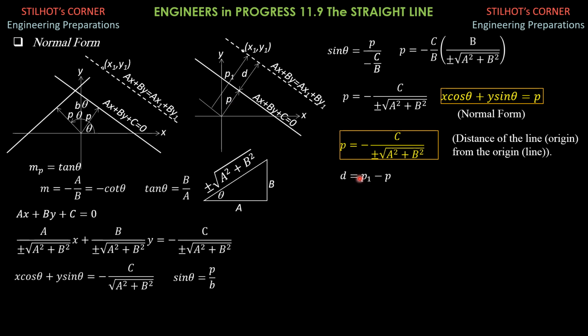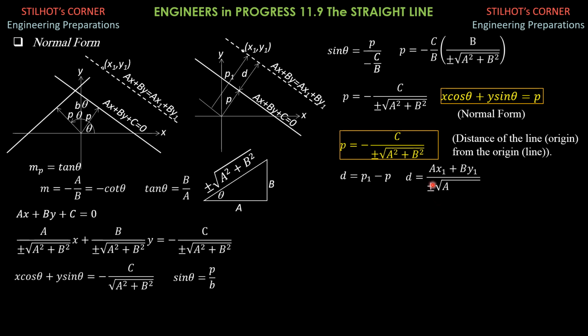And remember that P1 is the distance of this line here from the origin, wherein the technique is when the constant is transposed to the right, all you have to do is divide that by plus minus square root of a squared plus b squared. Therefore, P1 is ax1 plus by1 over plus minus square root of a squared plus b squared, while P is negative c over plus minus square root of a squared plus b squared.